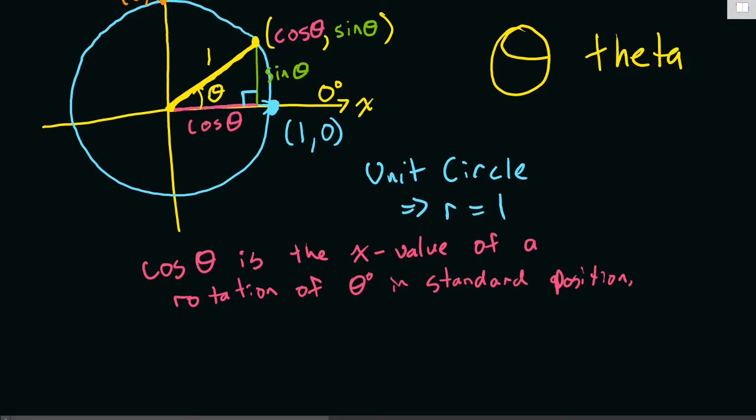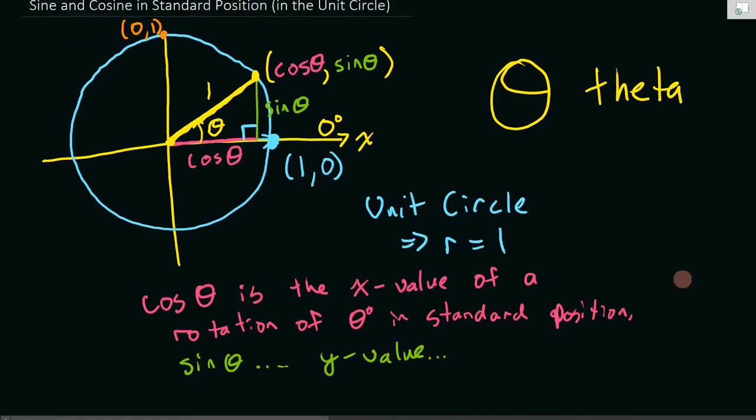And sine, you can define the exact same way. So sine theta is the y value. Maybe we should put a box around it because it's a definition. Cos is the x-coordinate of a point on a terminal arm of the unit circle in standard position. The x-coordinate is cos, and the y-coordinate is sine.